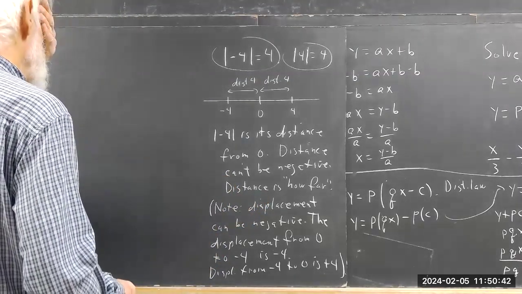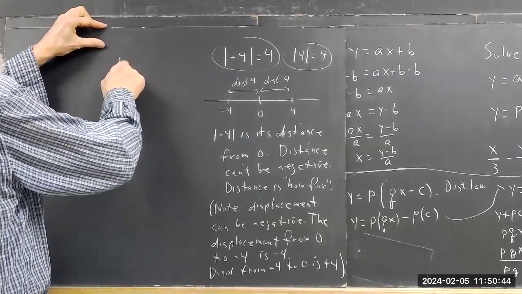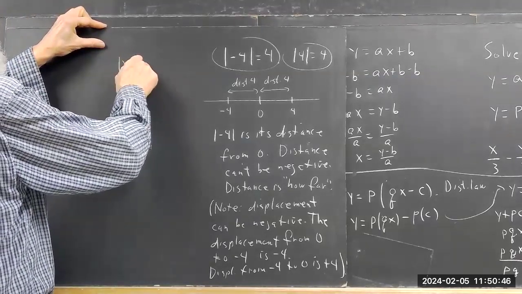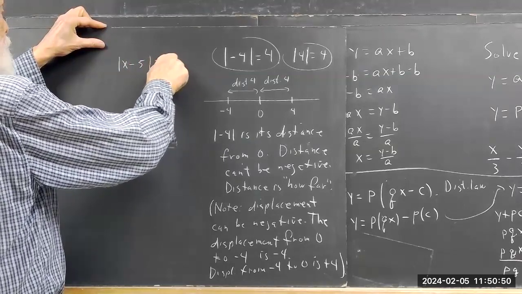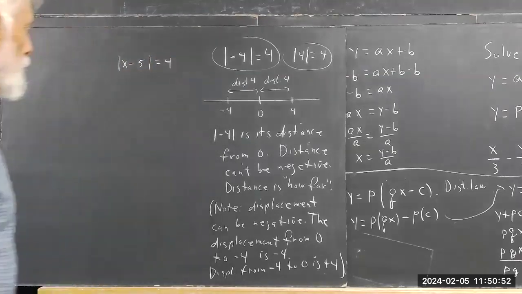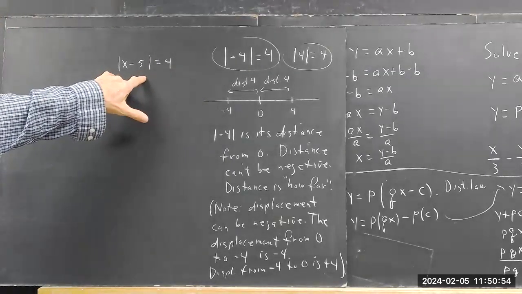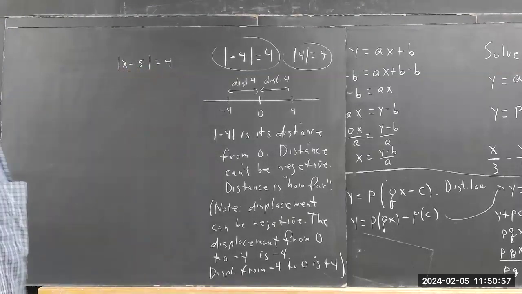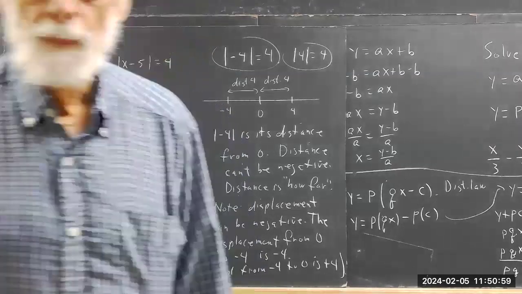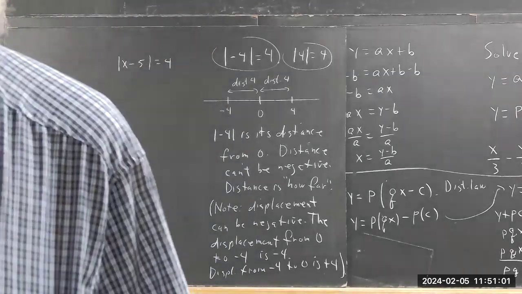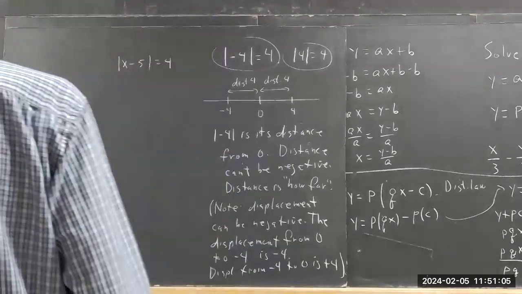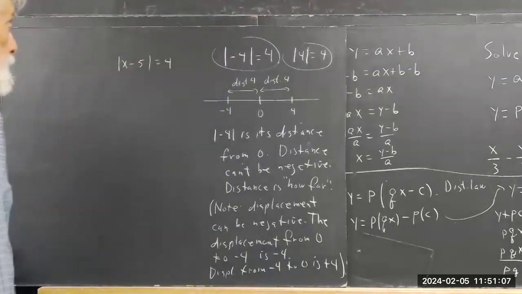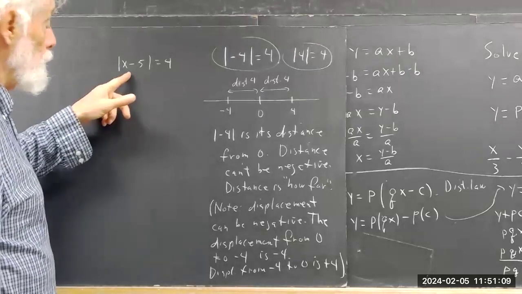Now we want to look at an equation. The equation is absolute value of x minus 5 is 4. Now, what's the absolute value of x minus 5? Well, you don't know because you don't know what x is.